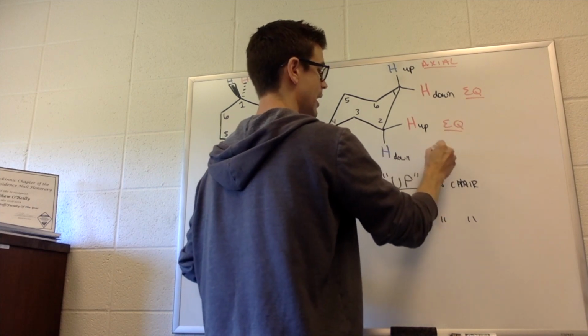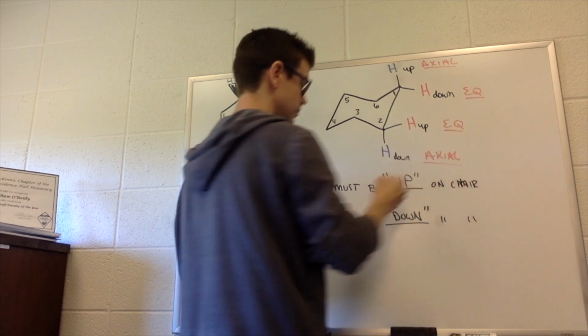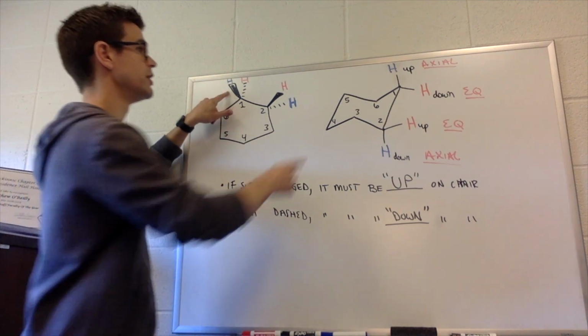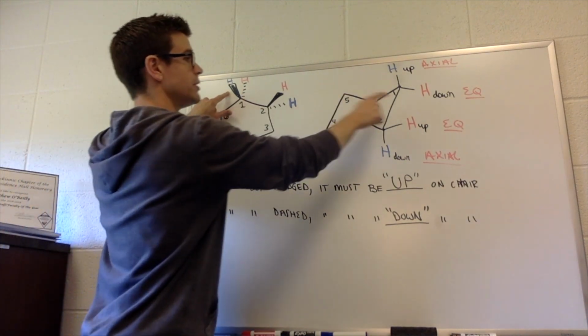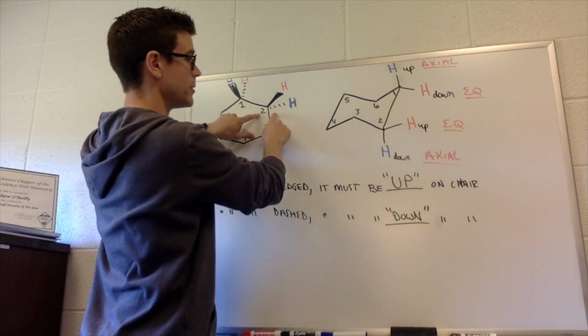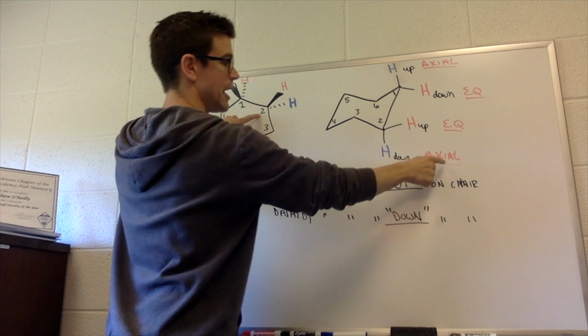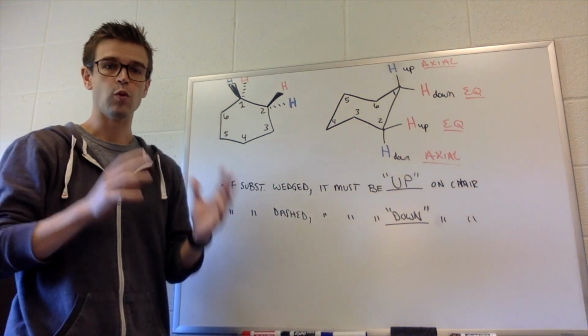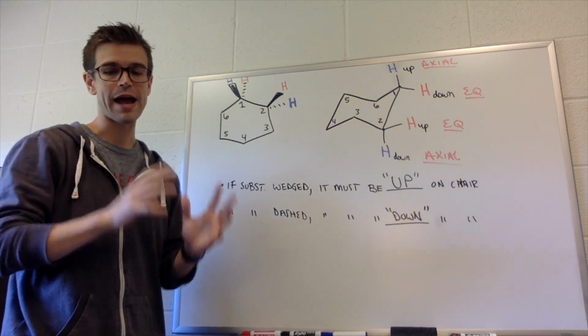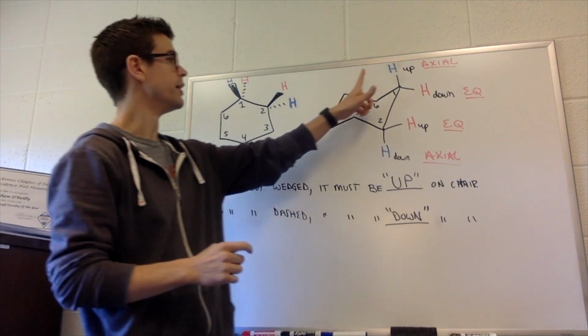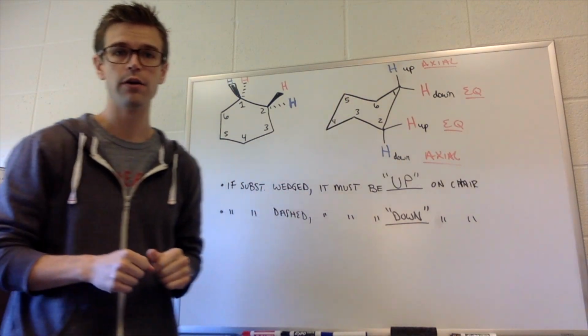This H is axial. So what we see is that on carbon 1, the wedge is axial and the dash is equatorial. On carbon 2, the wedge is equatorial and the dash is axial. So the wedge dash does not correlate to axial equatorial. What the wedge dash correlates to is if it is up or down.